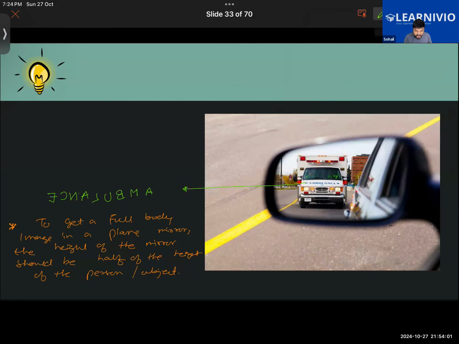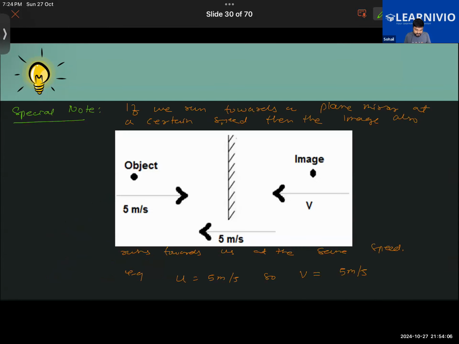Hope that much is clear. And this is only applicable for the plane mirror, not for other types of mirrors.